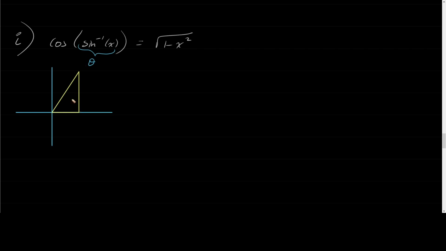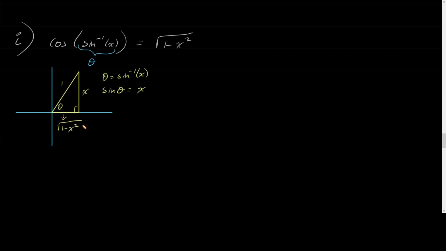So if I am working with this triangle here, and theta is equal to sine inverse of x, well, that would tell me that sine theta is equal to just x. And if sine is equal to just x, from SOHCAHTOA, sine is opposite over hypotenuse, meaning that this side right here will be the square root of 1 minus x squared.